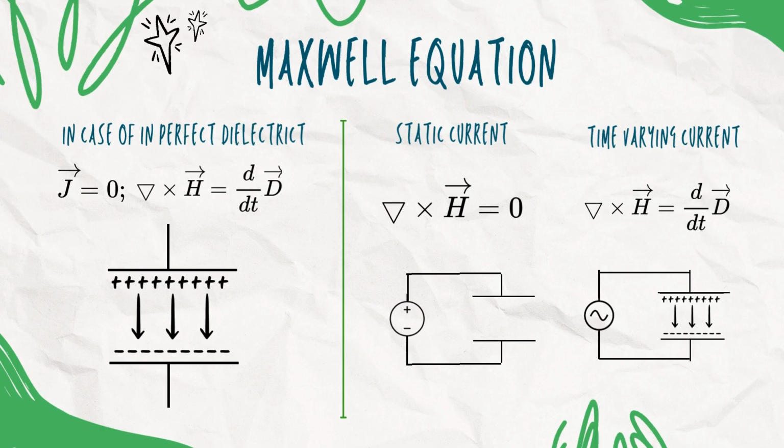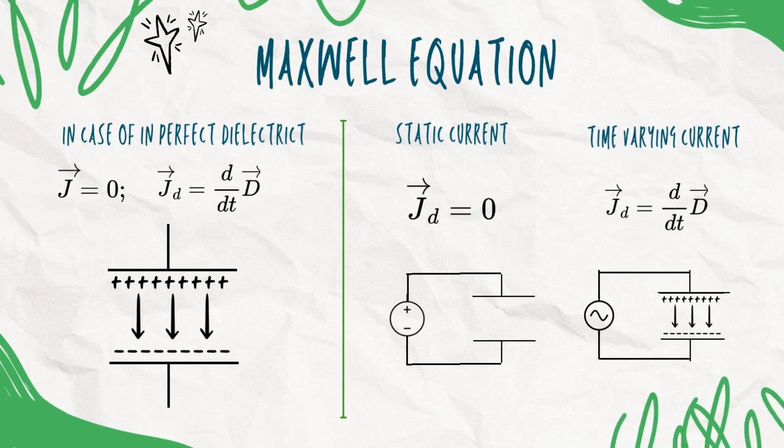There will be no current flow in the capacitor. While in time varying current, the displacement current becomes d over dt of D. Time varying current is AC current.